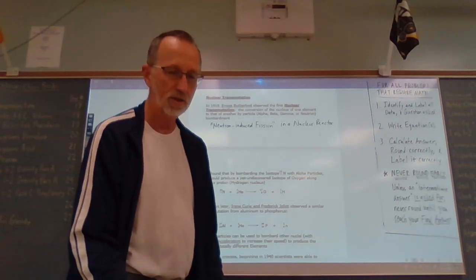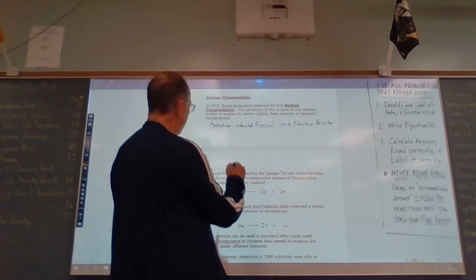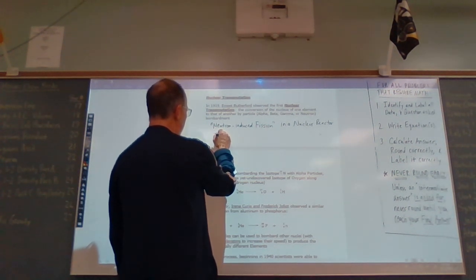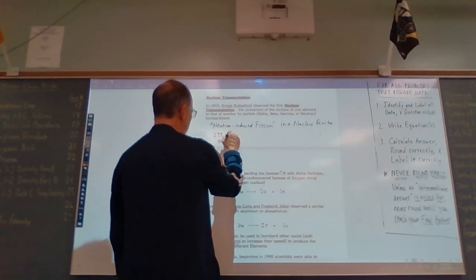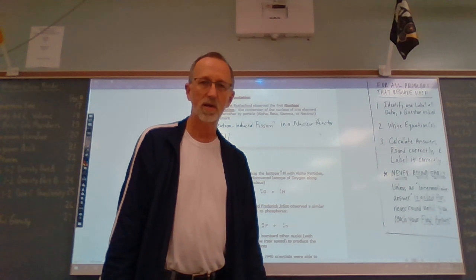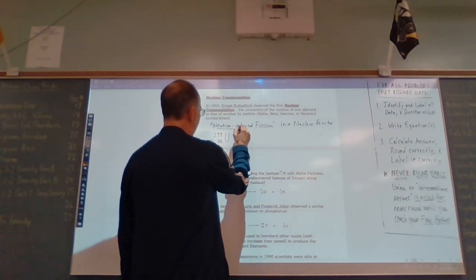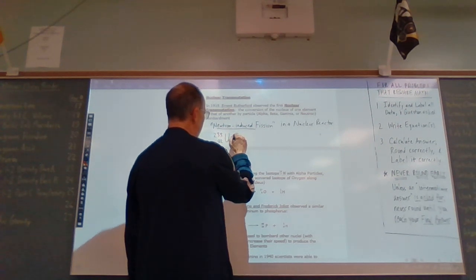So neutron-induced, what does that mean? Well, it means you need a neutron to start the thing rolling. So let's start with uranium-235, which is a source of fuel that we primarily use in a lot of reactors. And we've got to add a neutron to that. That's what neutron-induced means.